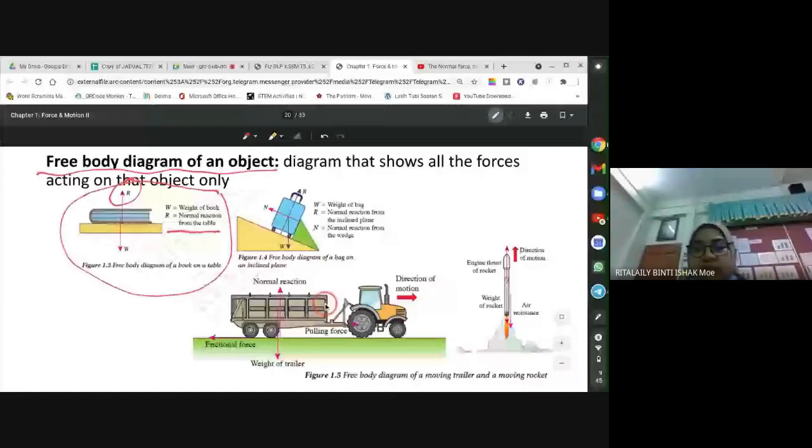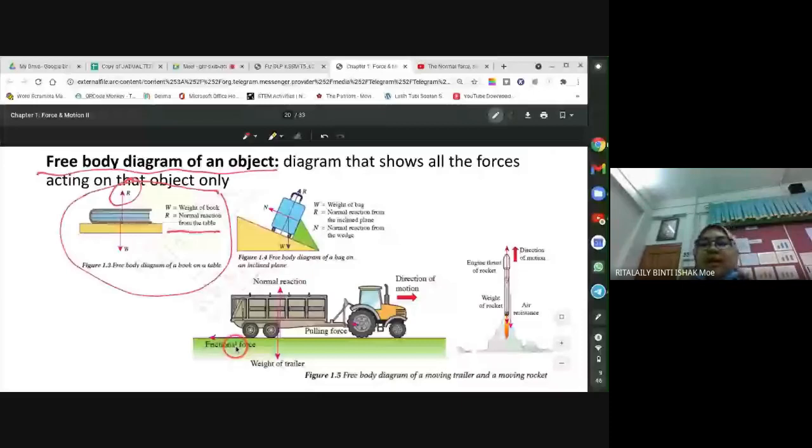Since the trailer is on the ground, there are two vertical forces: one is the weight, one is the normal reaction. And since the trailer is moving to the right, there should be a force or forces horizontally. In this case, there are two forces: the pulling force, and the opposite force, which is frictional force.